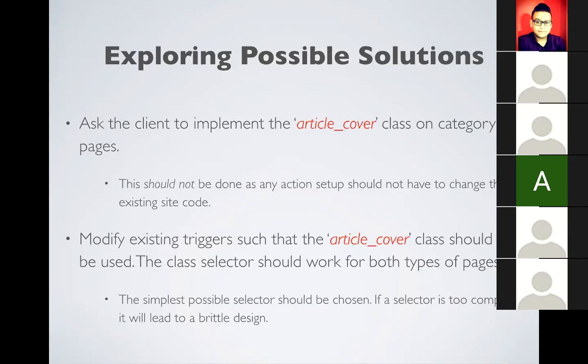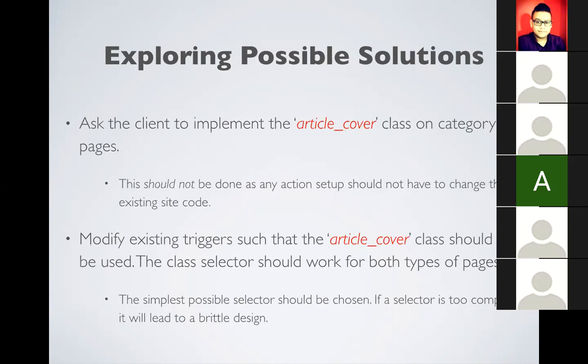So the other option we had was to modify the existing triggers such that the article cover class would not be used. And we should come up with a selector that satisfies a few criteria, namely, it should be present on both types of pages, and it should be something that is similar across all display ad actions, because we want our selector to be very specific, but at the same time, it should be consistent.